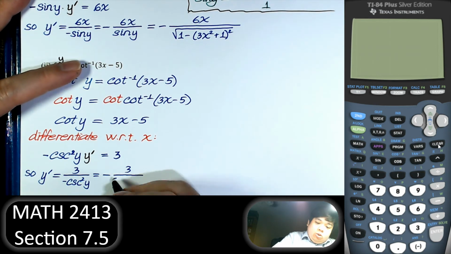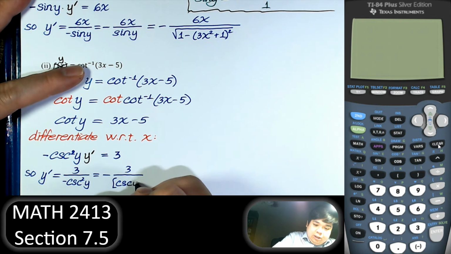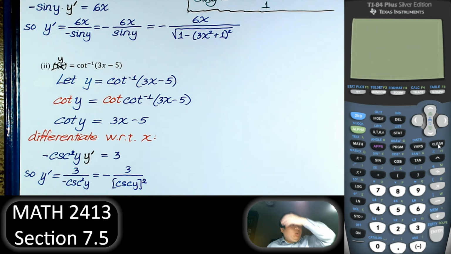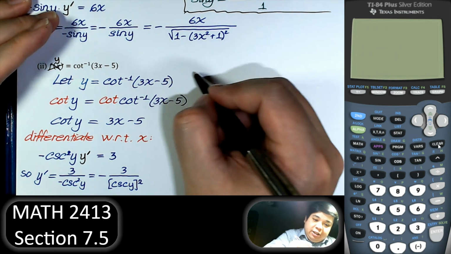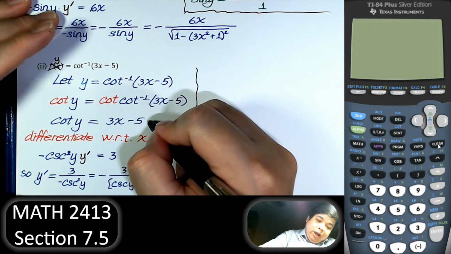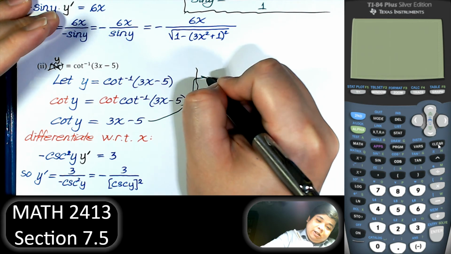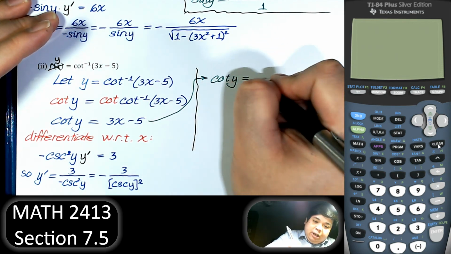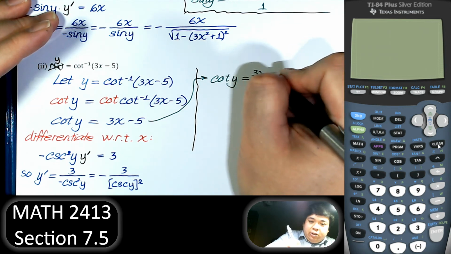Let's write cosecant squared like that. Now we just need to determine what cosecant is. Substitute that in here and we're good. Right. We have cotangent is that. Let's write that as a ratio.